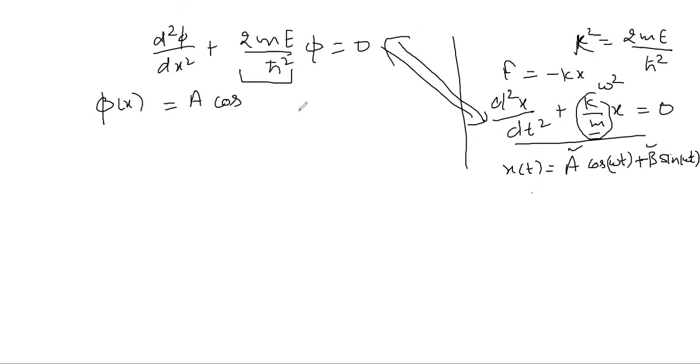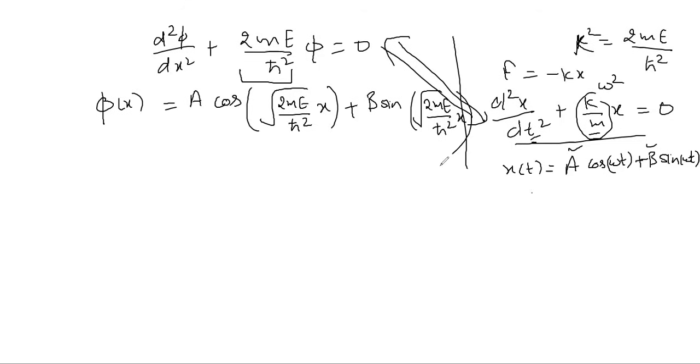Omega was this expression, which will now be square root of 2me over h bar square t. Here, because you were differentiating with respect to t in the denominator, here you are differentiating with respect to x, plus b sin square root of 2me over h bar square x. This will be your most general solution.